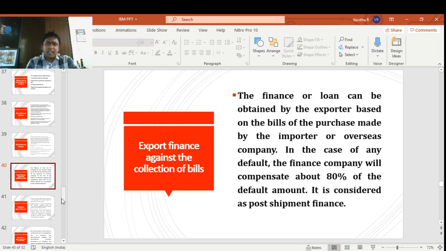Collection of bills is again what I've told you: if you go to a bank and tell them, see, I have sold goods worth $100 million, I am looking for $20 million of finance, this is considered as post shipment finance.